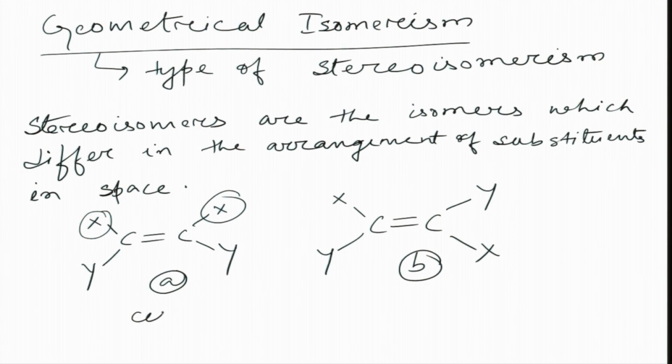So, this configuration is called cis. And in this one, the same groups lie on the opposite sides of the double bond. This configuration is called trans. So, what is cis?